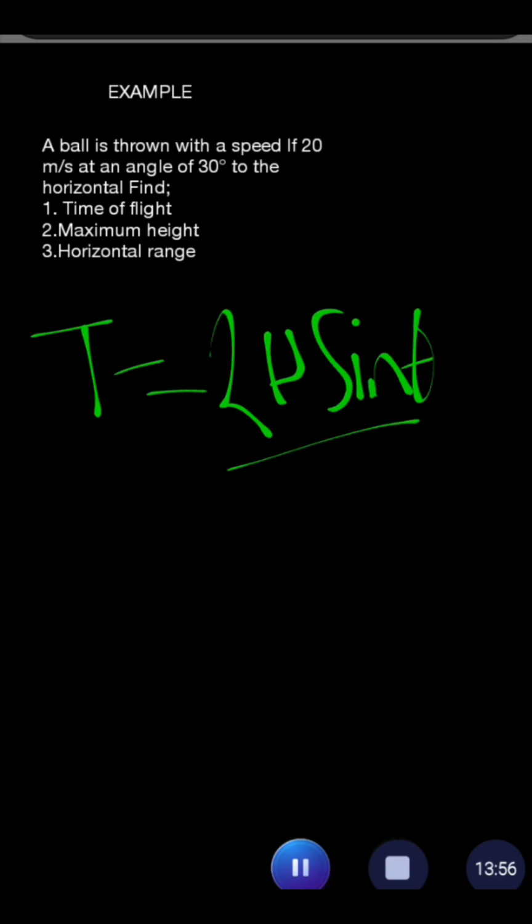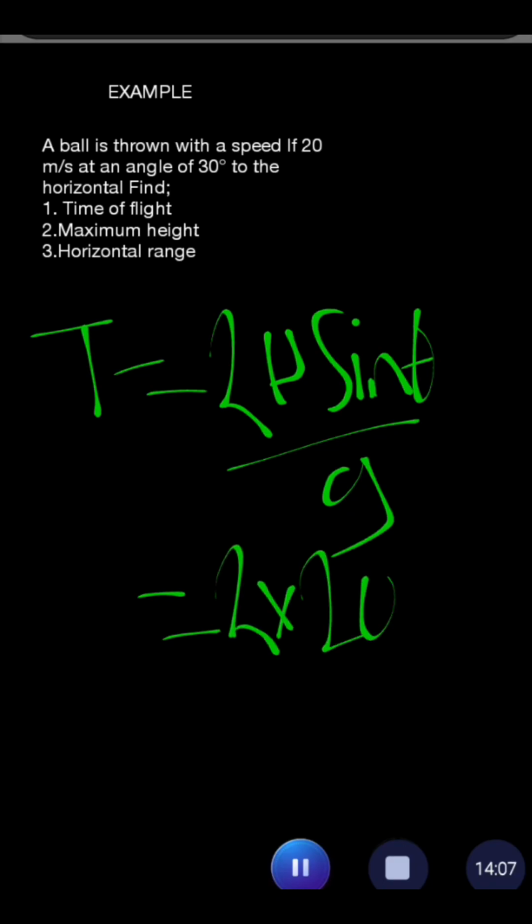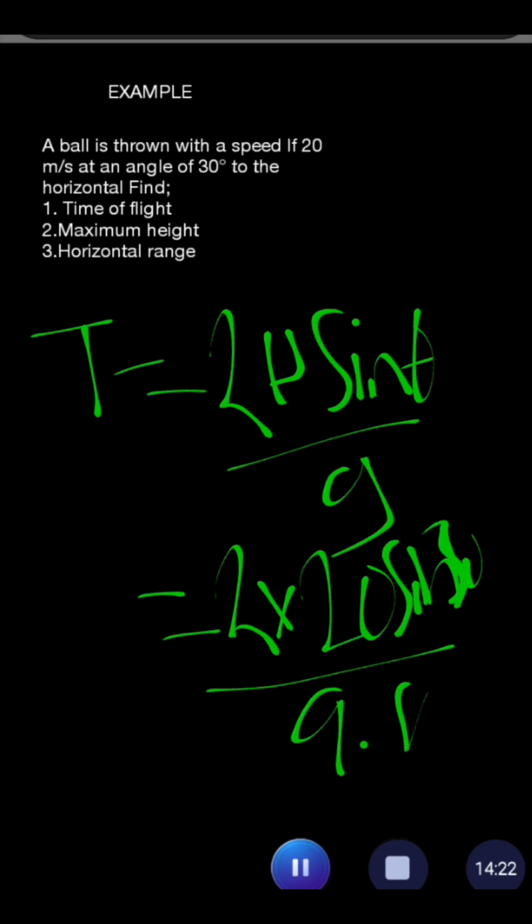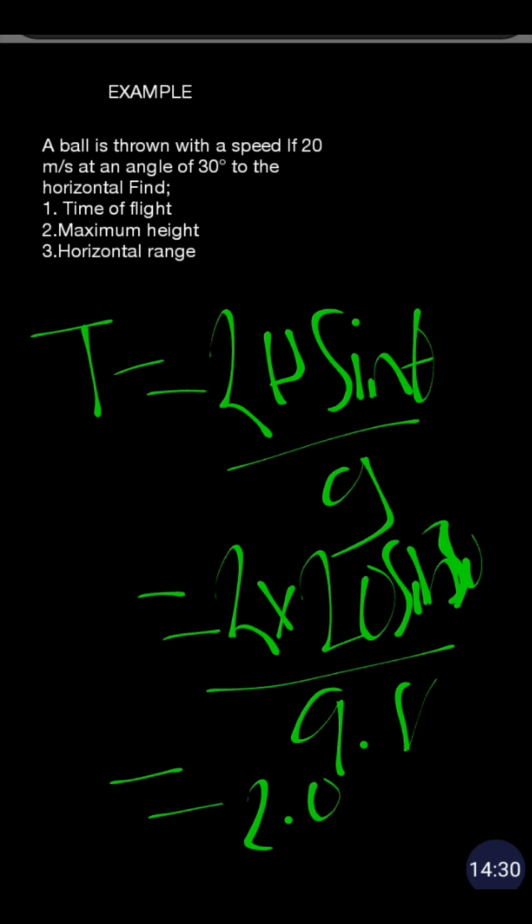We have been given the initial speed to be 20, so 2 times 20 sine 30 over the gravity, which is 9.8. We just punch that in, and the answer we find is 2.04 seconds. So that's our time of flight. We just placed the values in the formula, and we got the answer.